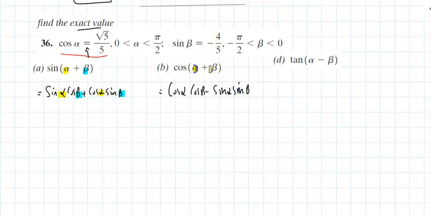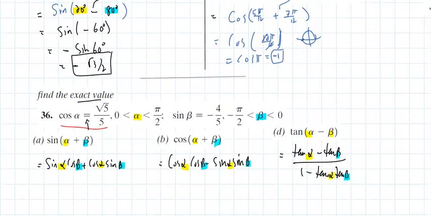And again, it seems I want the sine and the cosine of both of those. And here, this is a formula I provide for the tangent, you don't need to memorize. You need to memorize sine and cosine. This is tan of alpha minus tan of beta divided by 1 minus tan of alpha, tan of beta. So again, to do this problem, I need the sine, cosine, and tangent of alpha and beta.